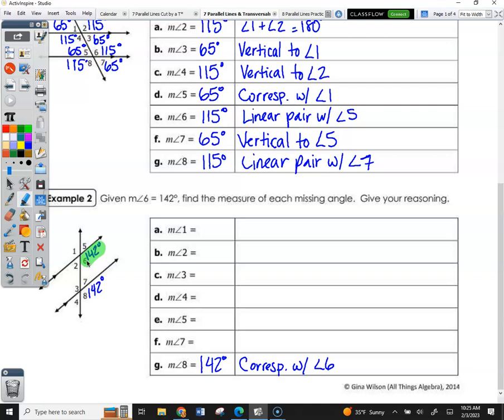Angle 3. Alternate interior. So 6 and 3 are alternate interior angles. So 3 has to be 142. We're going to make a note that it is alternate interior with angle 6. All right, back to 6.